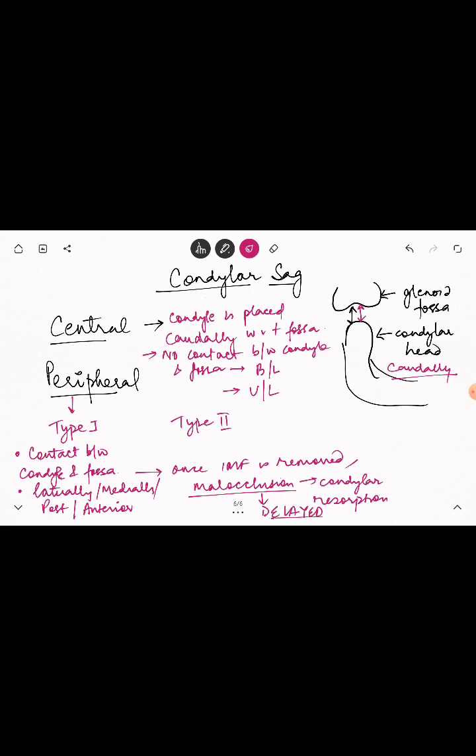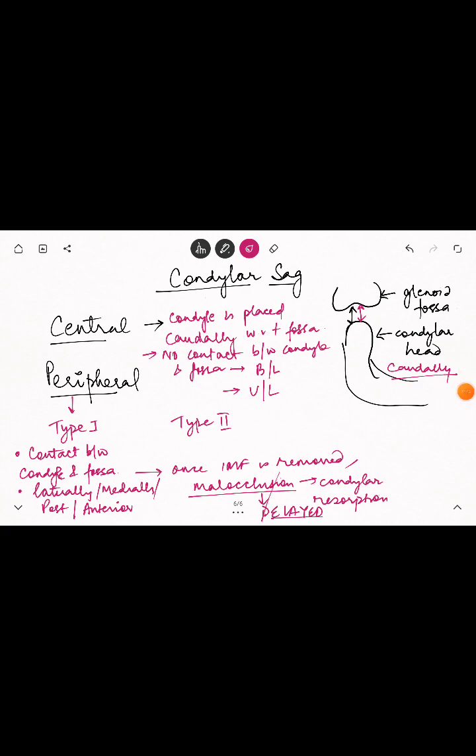In case of type 1 peripheral condylar sag, we see delayed malocclusion. So after removing IMF, in the immediate postoperative period, we won't see malocclusion because resorption obviously takes time. So after a few months, we will see that gradually the patient is having a problem of malocclusion. And when we do the CT scan, we will see that the condylar head has started resorbing. And because of this resorption of the condylar head, there is malocclusion.